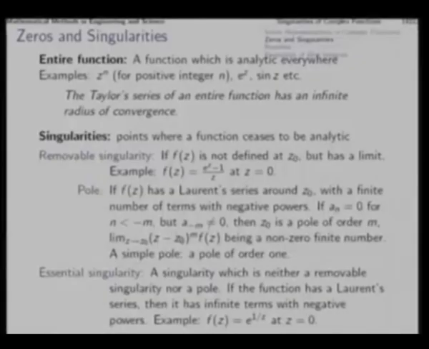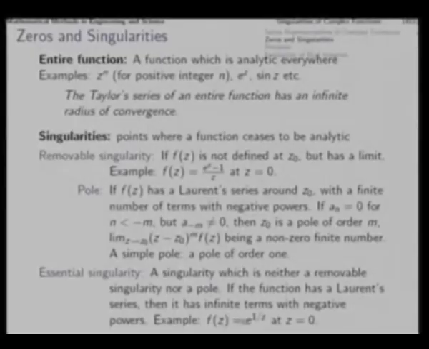So, even multiplication of such terms will not remove the singularity, and therefore you call it an essential singularity. For example, if you try to expand this, you get a Laurent series in which all the negative powers remain. You will not be able to truncate it anywhere without leaving some non-zero terms. So, this function has an essential singularity at z equal to 0.